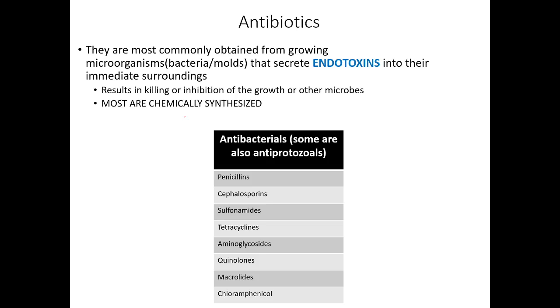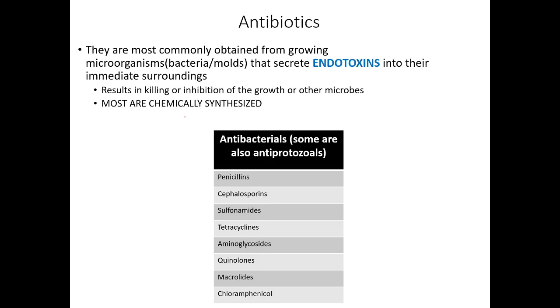It's like if you have a not very friendly neighborhood, because there are neighbors there that prefer to keep other people who aren't like them out of the neighborhood. They're secreting these little endotoxins, and they're keeping those other people out of their neighborhood by inhibiting their ability to come into the neighborhood.